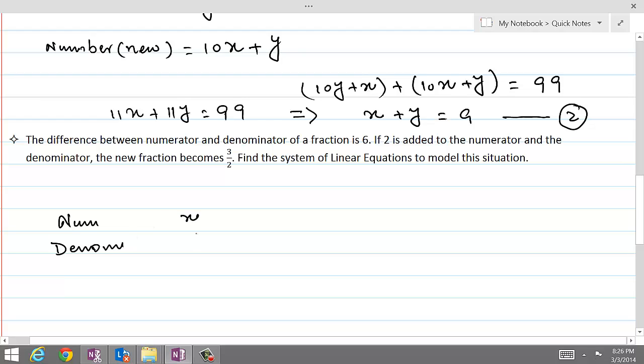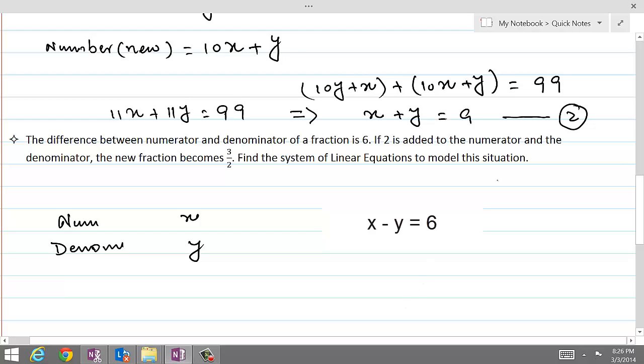If x is the numerator and the denominator is y, then for the fraction x over y, what is the difference? x minus y is the difference of the numerator and denominator, and that is given as equal to 6. So we already found one relation here.